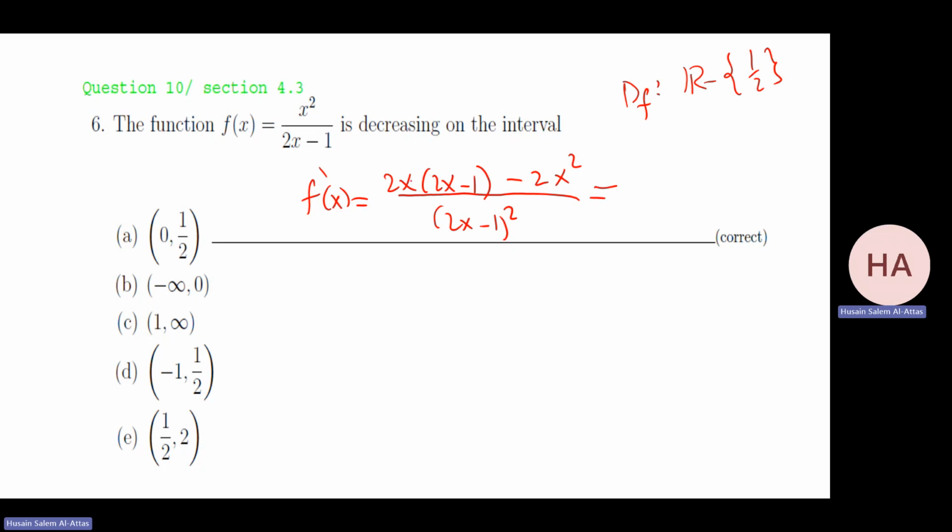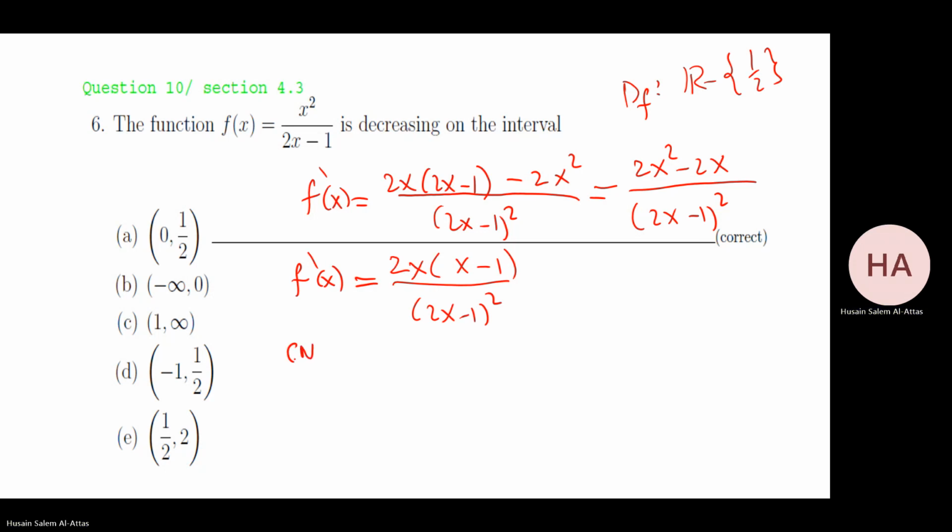That'll give me what? 4x squared minus 2x squared, which is 2x squared minus 2x over 2x minus 1 squared. And this will be 2x times x minus 1 over 2x minus 1 squared.